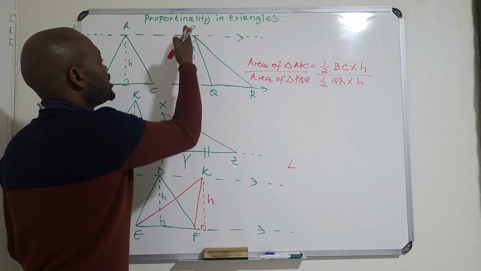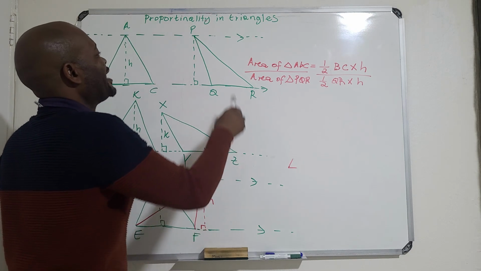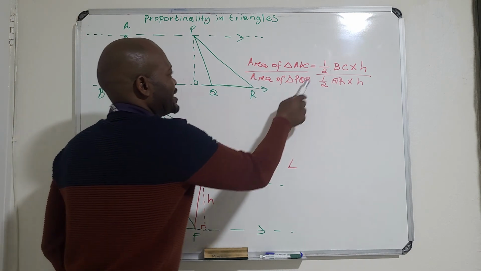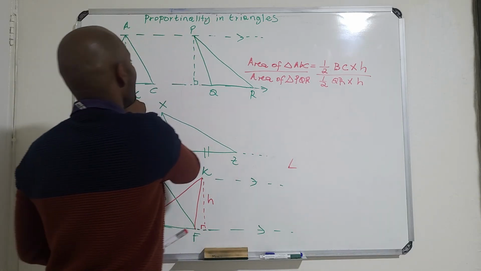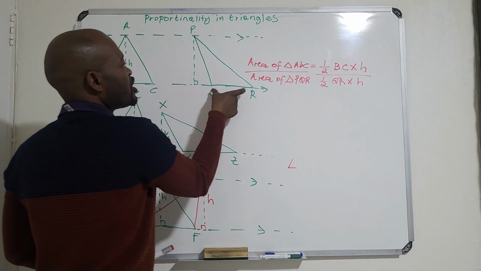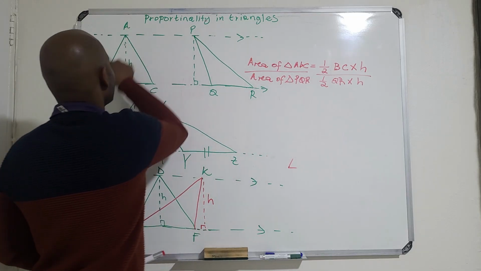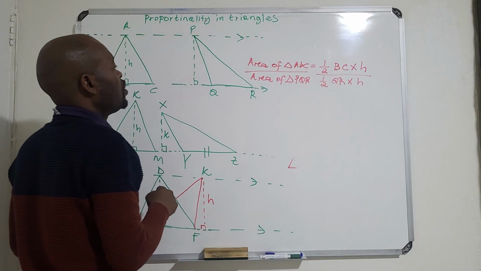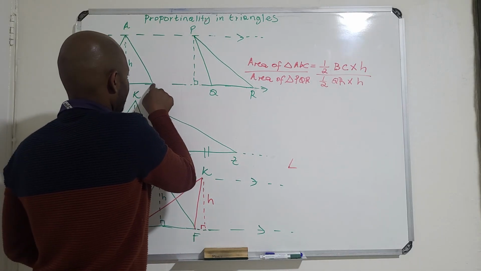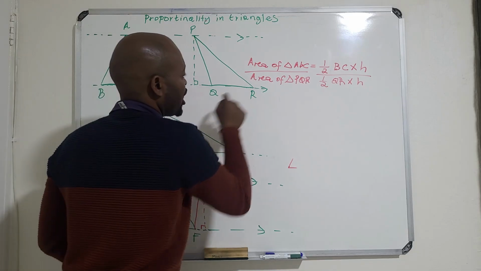And since they have the same height, their areas will be in the same ratio as their bases. The area of this triangle over the area of this triangle will be equal to this base over that base.